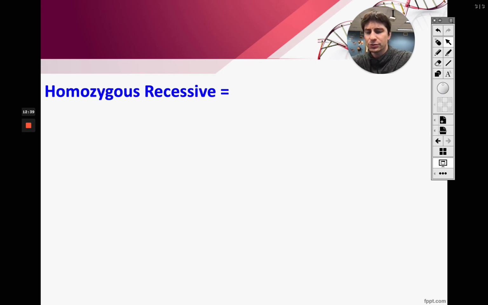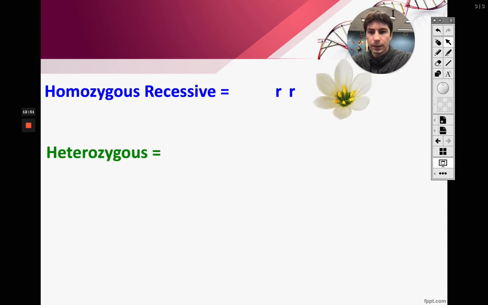So homozygous recessive is our first one. We know that's going to be little r, and I'm just using R. You can use whatever letter you want. It doesn't matter. That one can be white, right? Heterozygous, that's going to be big R, little r. And when we blend red and white together, it's going to be pink.